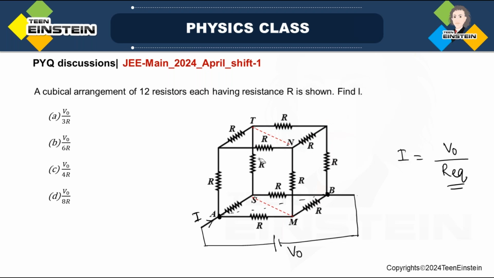That means, let me show you a simple circuit over here. Suppose I have a resistor like this, then one resistor in between, then another resistor like this.